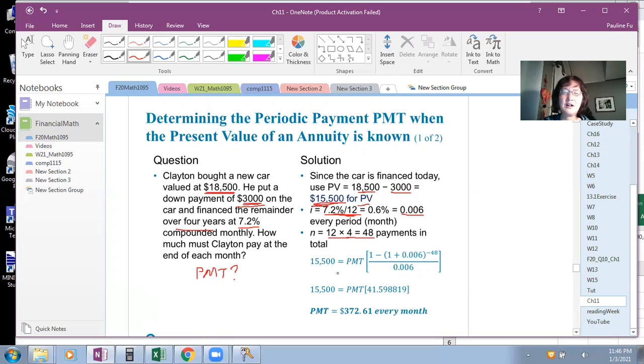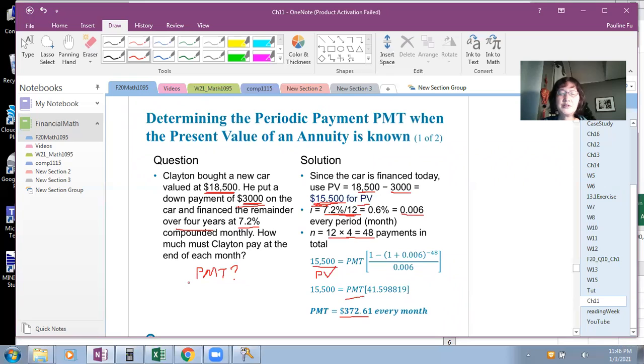So plug all of these numbers into the present value formula, and you solve for one variable, PMT. The final answer would be this one.